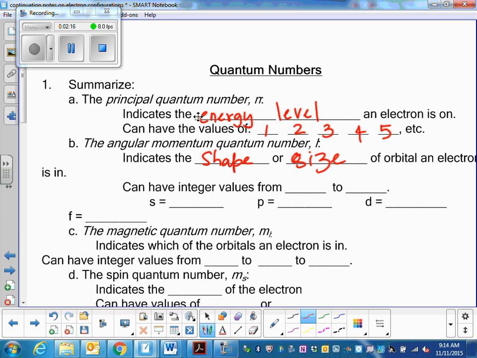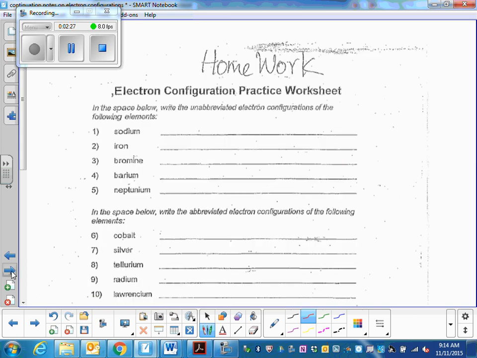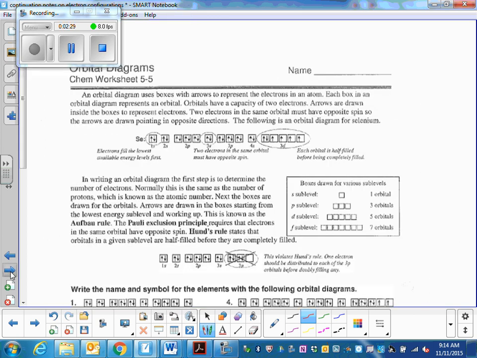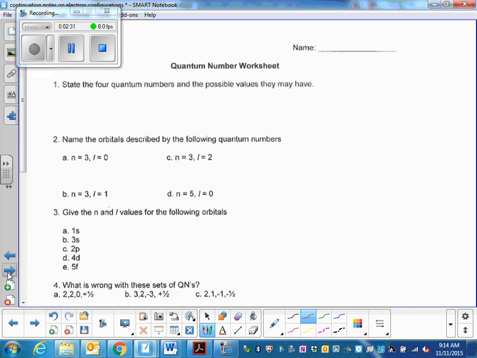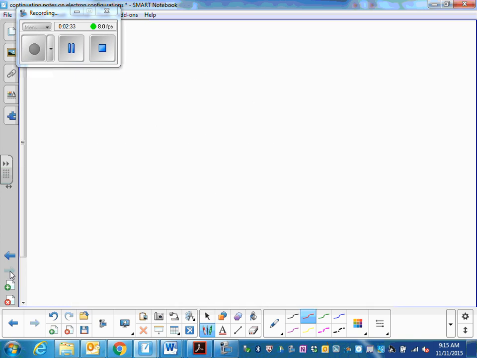So let's actually see what this means. Let's actually solve the problem. Let's say n equals 1. If n equals 1, what are the allowed values of L?